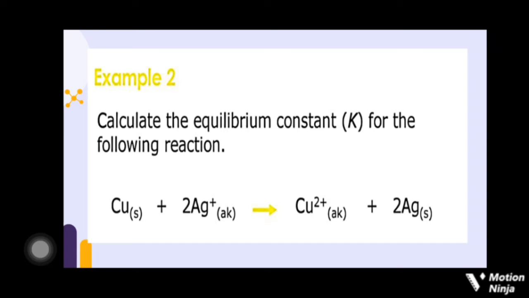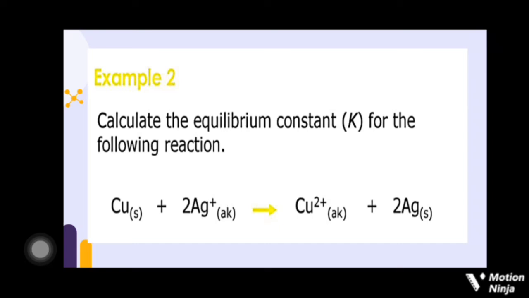Using the formula of the equilibrium, E cell is equal to E naught cell minus 0.0592 divided by N, the number of electrons involved in the reaction, multiplied by the log of the constant.